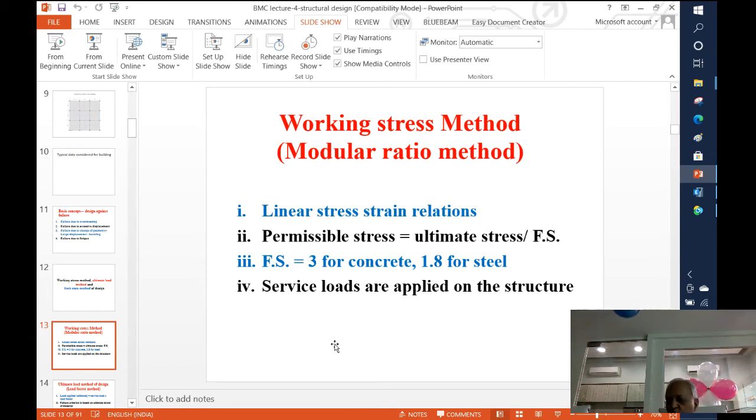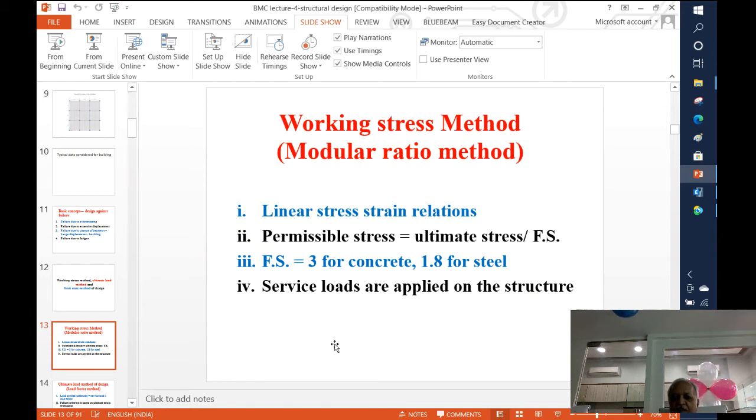Now we use a factor of safety to limit stresses to ultimate stress upon factor of safety. For concrete, in most cases we use a factor of safety of 3, so that my compressive stress will be limited to 10 Newton per mm square.